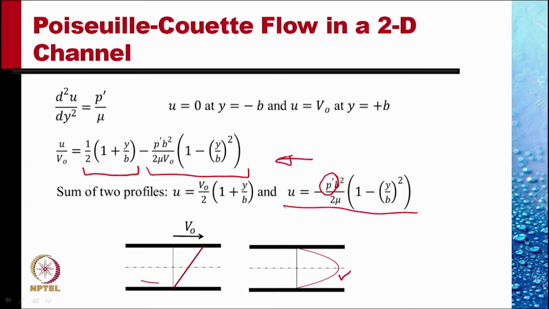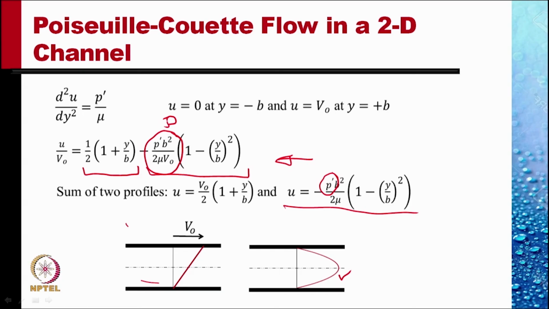We can have different profiles. This parameter here, which we denote as a script P, determines the relative importance of the linear profile and the parabolic profile.